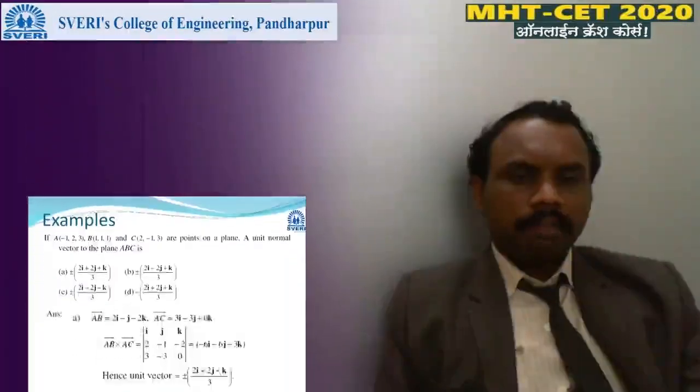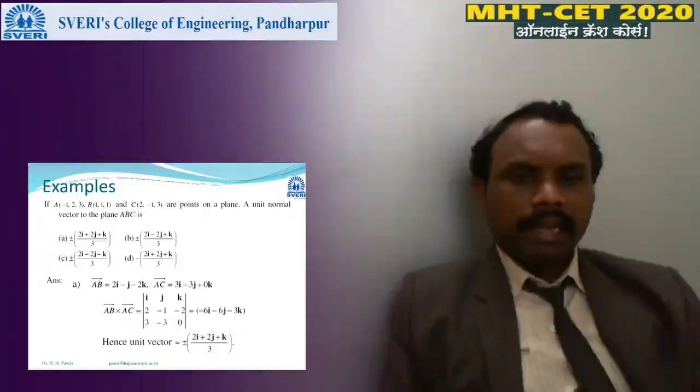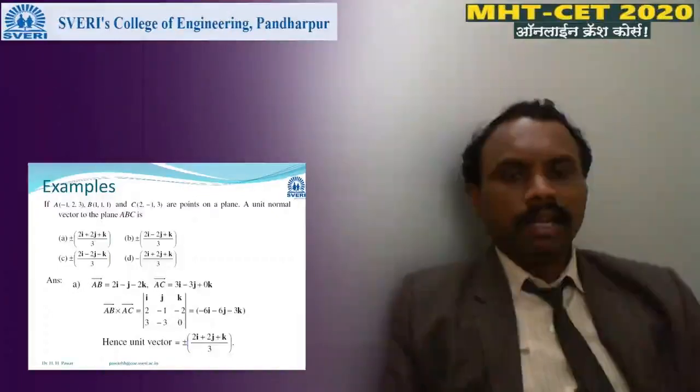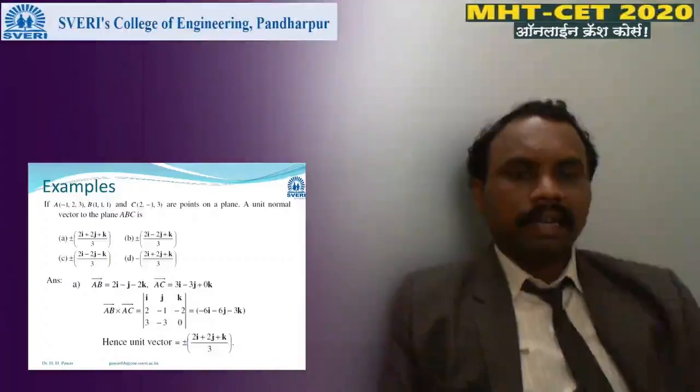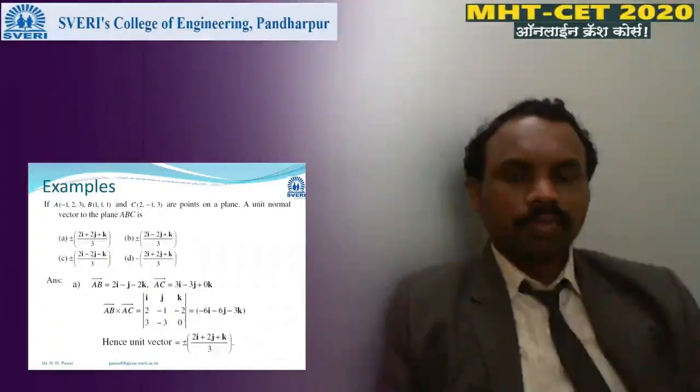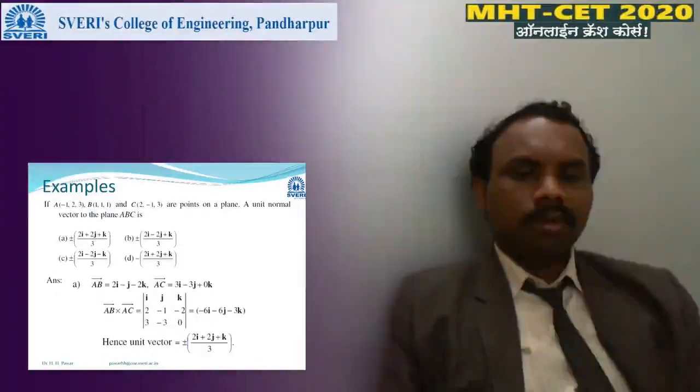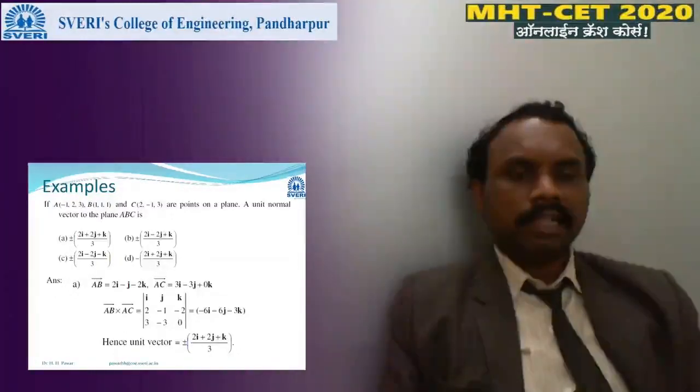Next we will see another example. If A(-1, 2, 3), B(1, 1, 1), C(2, -1, 3) are points on a plane, a unit normal vector to the plane ABC is obtained by, here AB bar is obtained by b bar minus a bar and AC bar is obtained by c bar minus a bar, which gives us AB bar is equal to 2i minus j minus 2k and AC bar is equal to 3i minus 3j plus 0k.